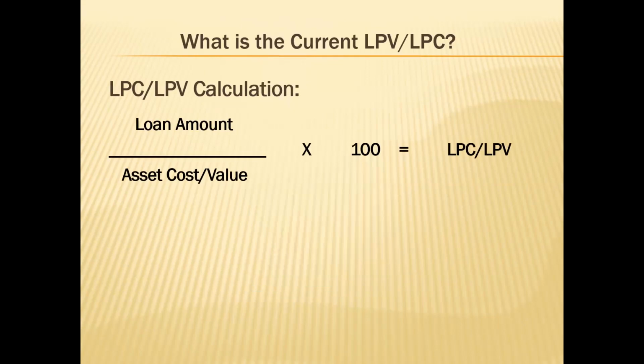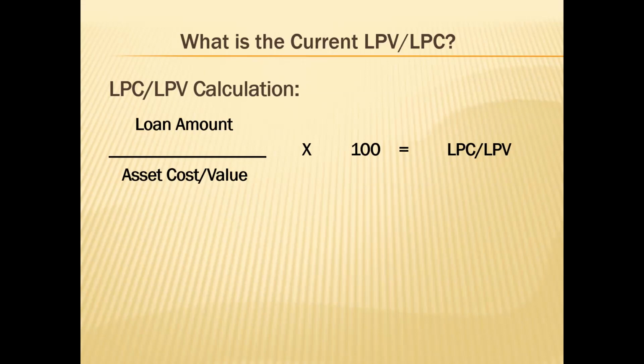So we say the LPC or LPV is the loan amount, and in this case we're looking at value, the LPV, because this is an existing property, so it has a value. It's not being purchased by anyone, or even by the Rolls. This is an existing house, so it's a valuation that we're looking at.